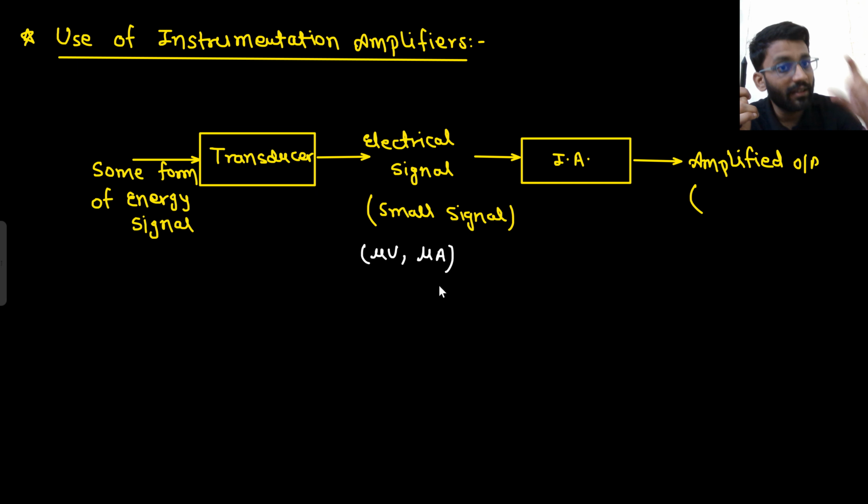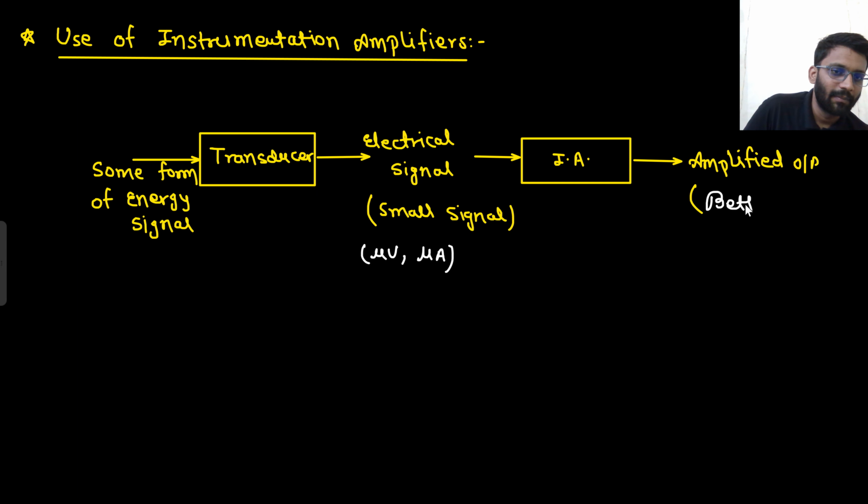So to make it clearly visible, you need an instrumentation amplifier, because it will increase the gain. So you will have an amplified output, and that is better visible on the oscilloscope.